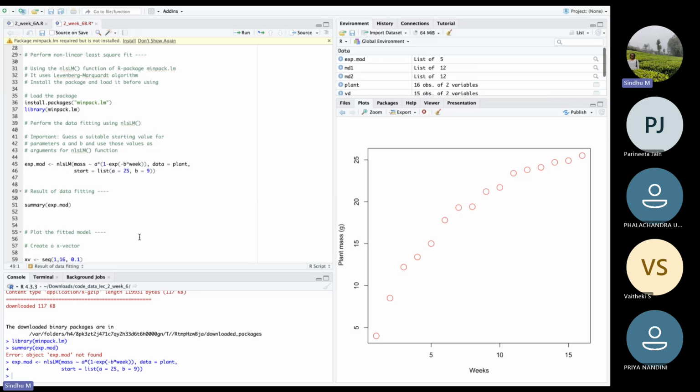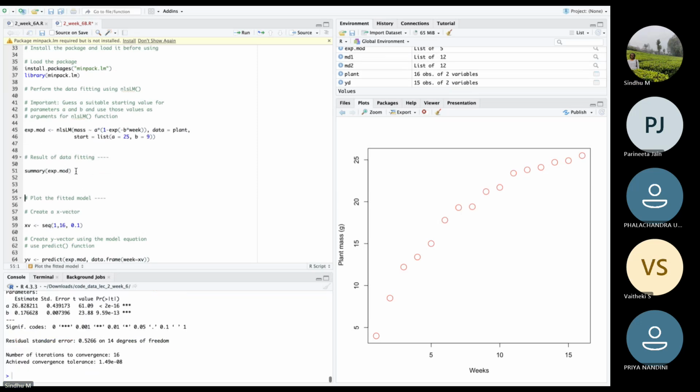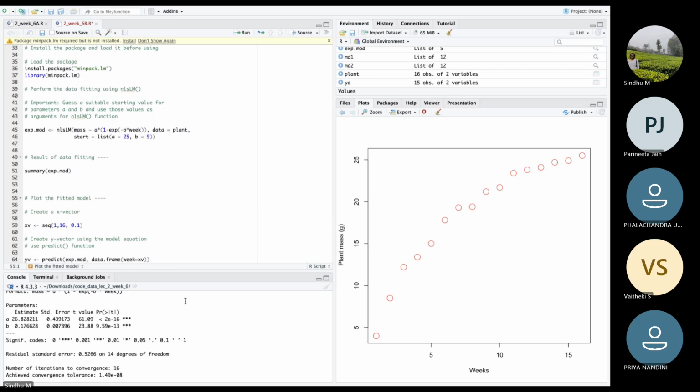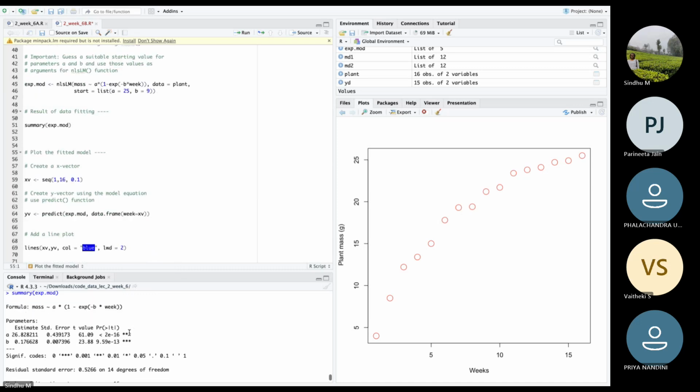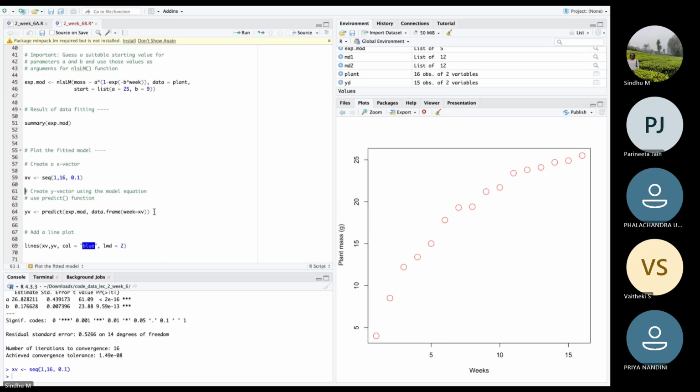So now we have done the fitting. Let's see what the values of A and B are that we have got. The estimate for A is 26. Our starting guess was 25, but the estimate is 26. And the estimate for B is 0.17. Now we have created our own vector, like 1 week, 16 week, and 0.1 week.